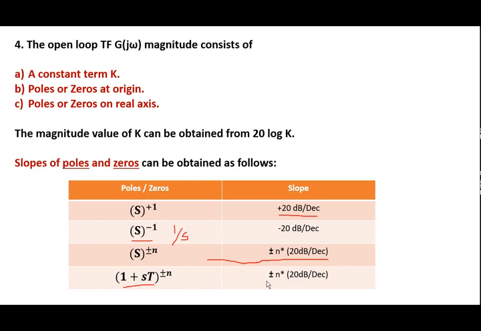If it is 1 divided by 1 plus sT, then the slope will be minus 20 dB per decade. So depending on this power we can define the slope. If the power is positive 1, it is plus 20 dB per decade, if it is negative 1 it is minus 20 dB per decade, if it is plus 3, it is 3 times 20 dB per decade. So the sign depends on whether the function is in the numerator or denominator.